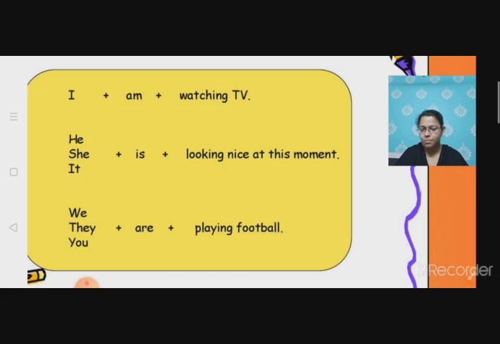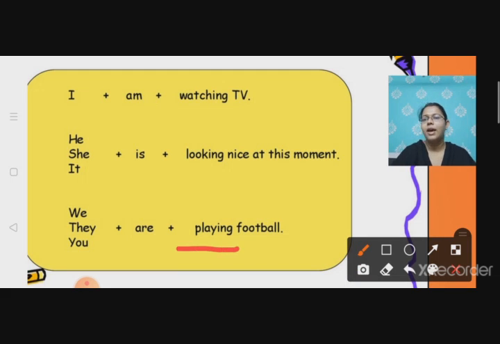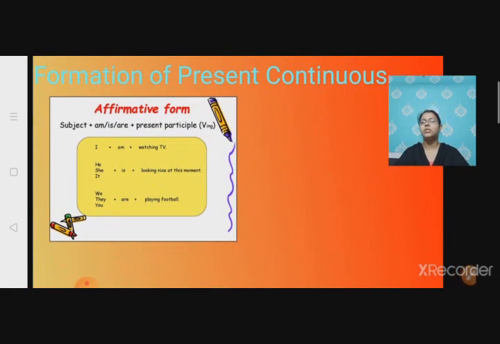Now students, remember that when we are using first person plural, that is we, third person plural they, and second person singular and plural both, we are going to use the to be form are. And here you can see the word playing has play plus ing. So this is the verb ing form. So students, I hope that you are clear with the formation of present continuous tense for affirmative sentences.